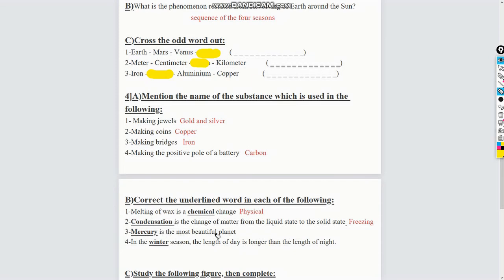Mercury is the most beautiful planet? No. Venus is the most beautiful planet. In the winter season, the length of day is longer than the length of night. That is completely wrong. In the summer season, the length of day is longer than the length of night.